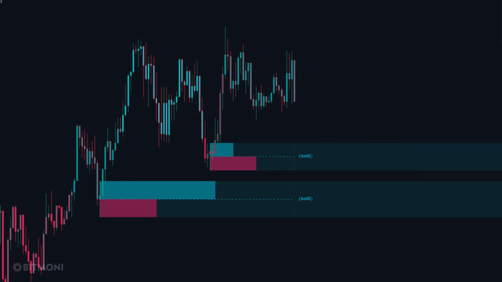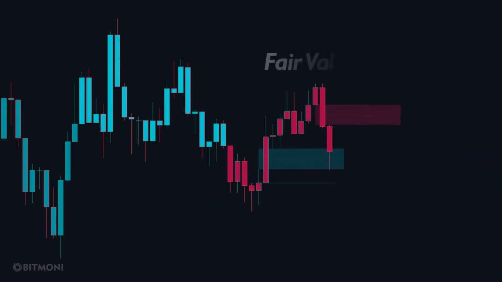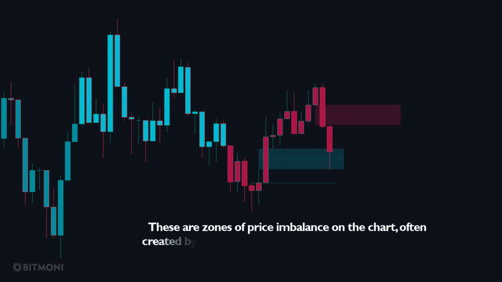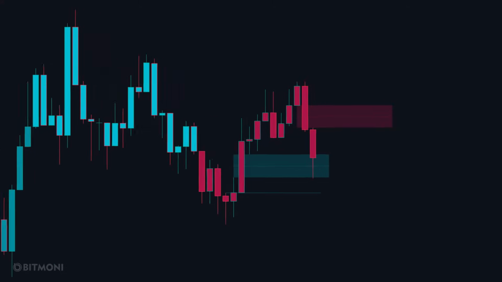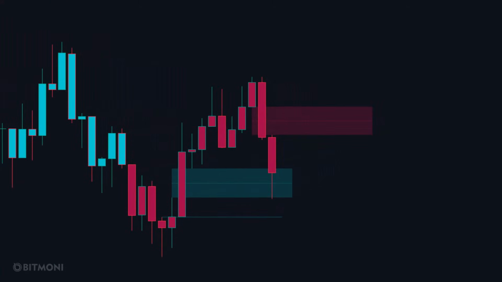Next, we have the fair value gaps. These are zones of price imbalance on the chart, often created by sharp institutional moves, and they frequently act as potential areas of supply and demand. The Smart Money Toolkit automatically identifies and highlights these imbalances in real time.